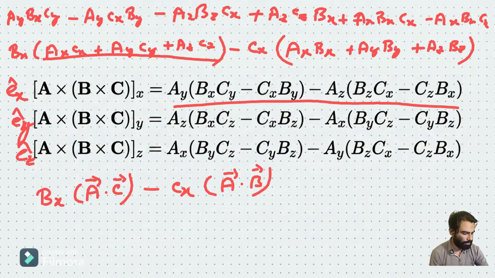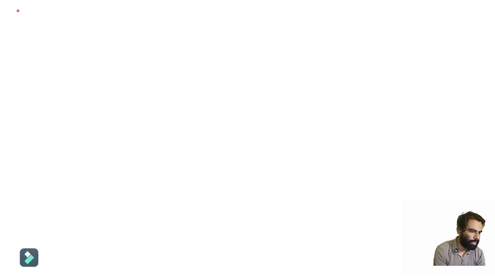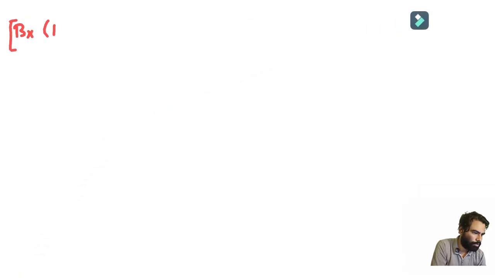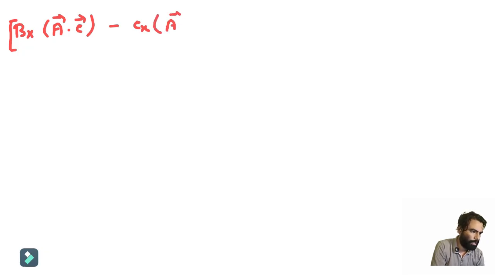So here in the previous slide we have seen the BX component. The X component looks like B (A dot C) minus CX (A dot B).